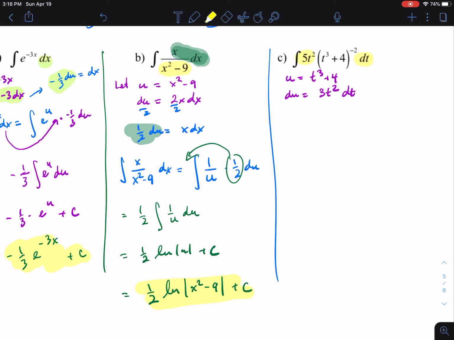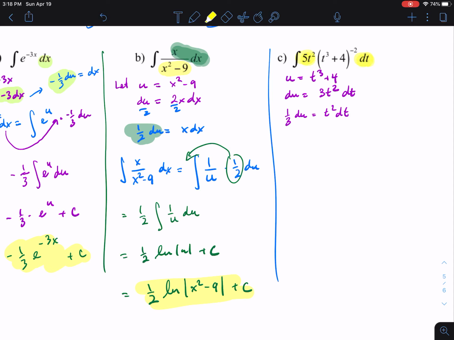So how are we going to make this work? How are we going to insert a 5 there? Well, let's see what we can do here. What we can do is first divide both sides by 3. So we have 1/3 du is t squared dt. But what we want to replace is 5t squared dt.